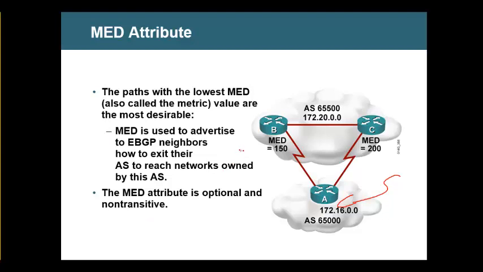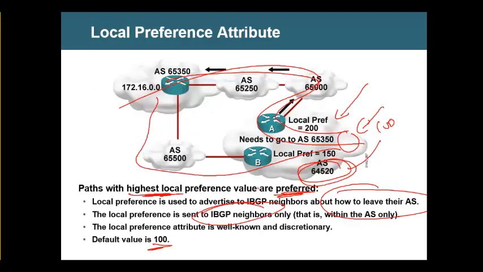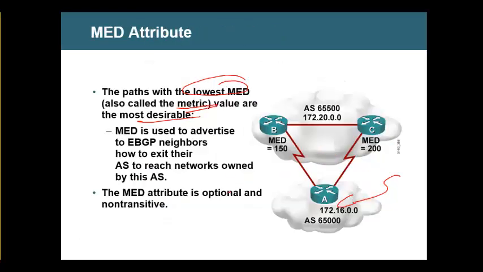Metric should always be small. Small is preferred. Lowest MED value is most desirable. Whereas local preference is opposite. Highest local preference value is preferred. Local preference is within the iBGP. The default is 100. MED is between eBGPs and the default is 0.